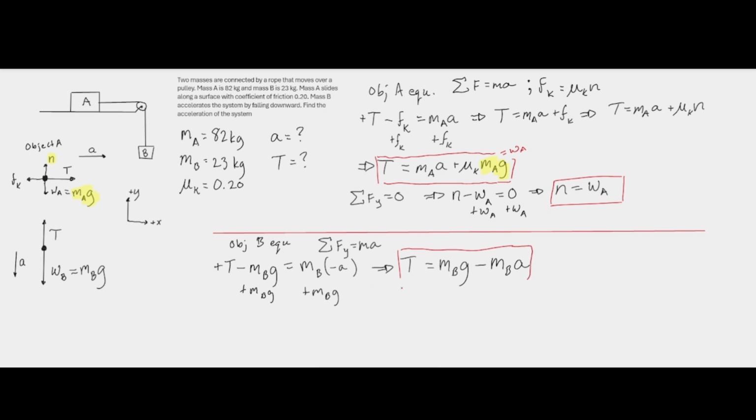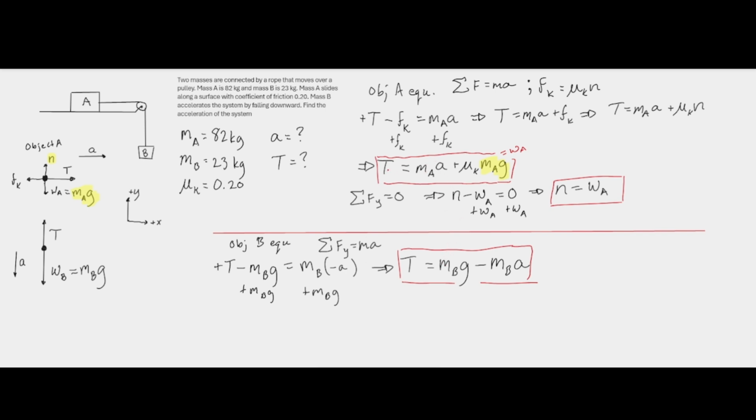And at this point, we now have two equations where we see that we don't know the tension force, so that's one unknown that's shared in both equations. We also don't know the acceleration, and that's also shared in both equations. But since they're both equal to the tension force, these two equations are equal to one another.